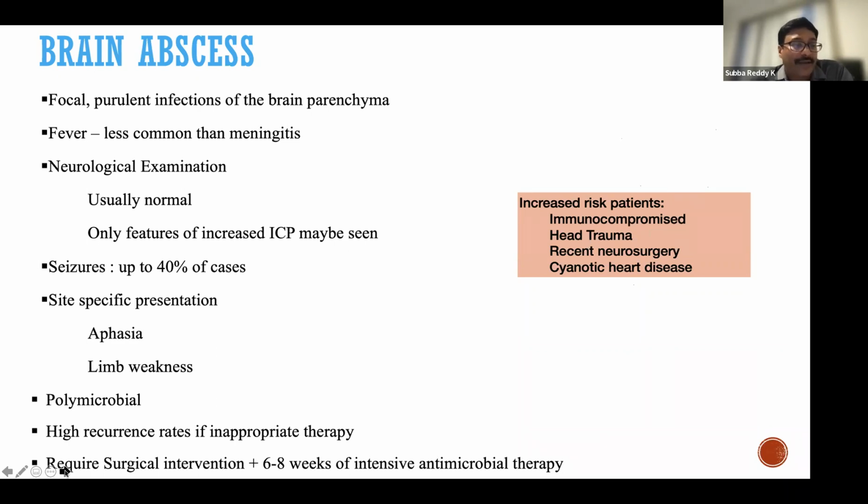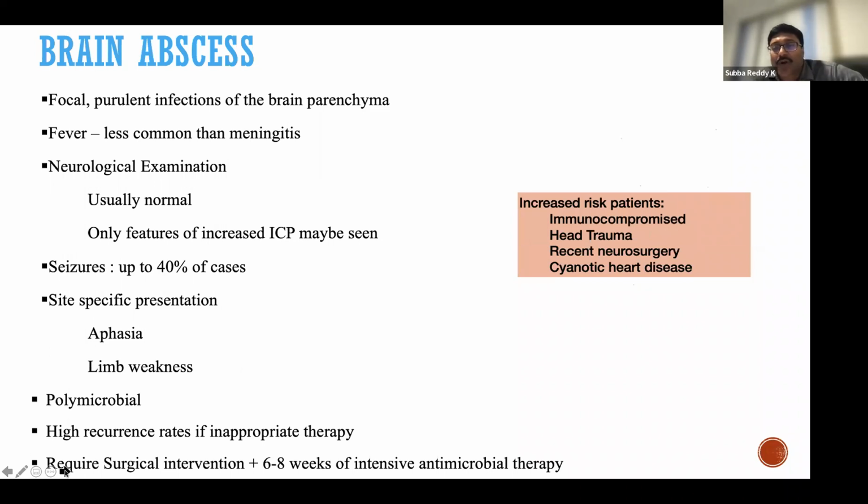Depending on the site, they can have aphasia, they can have limb weakness, and most of the time it is polymicrobial, and there are high recurrence rates if you inappropriately treat, and most of the time it requires surgical intervention plus 6 to 8 weeks of intensive antimicrobial therapy.